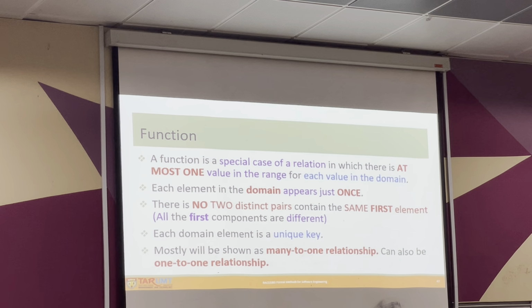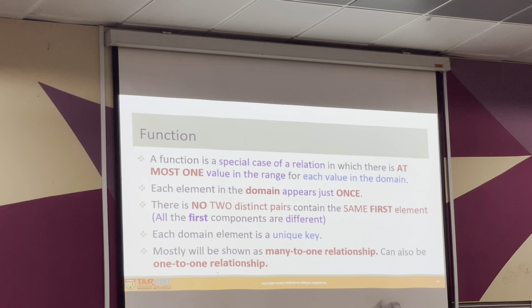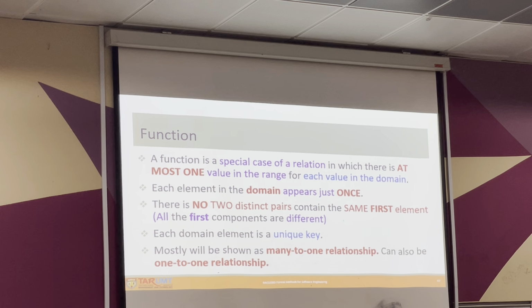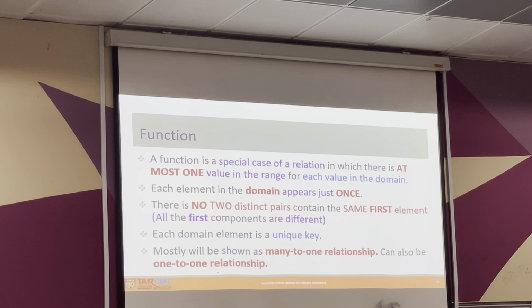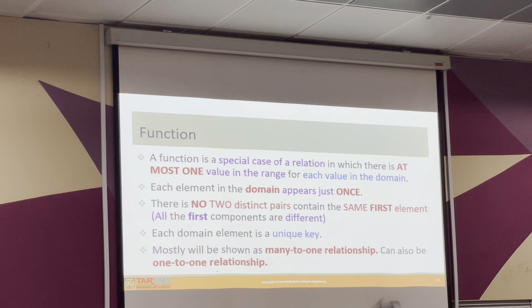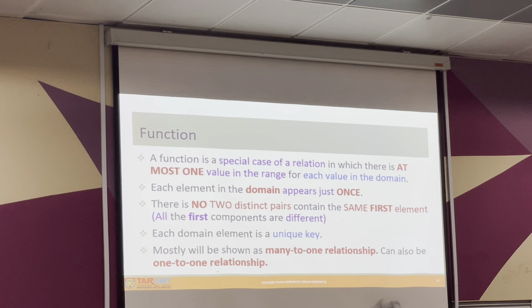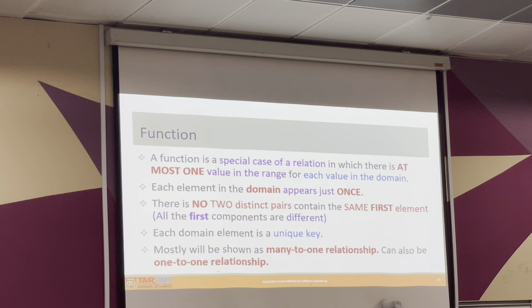For example, if student ID to phone ID is one-to-many, swap to phone ID to student ID, so it becomes many-to-one. When you have many-to-one, you are not duplicating the domain, and automatically this is a function. That's how you look into it.